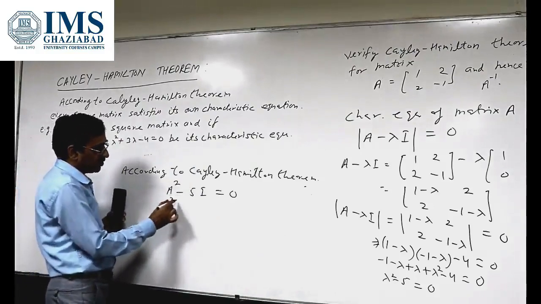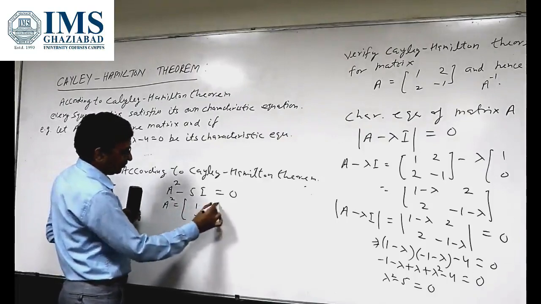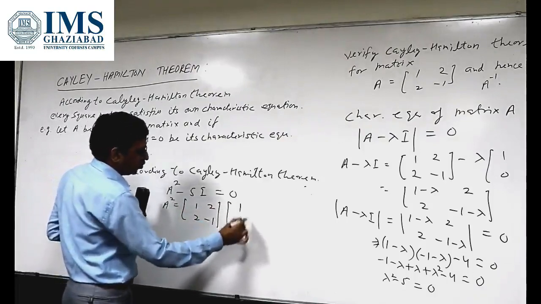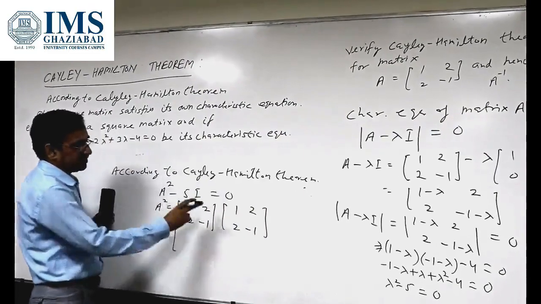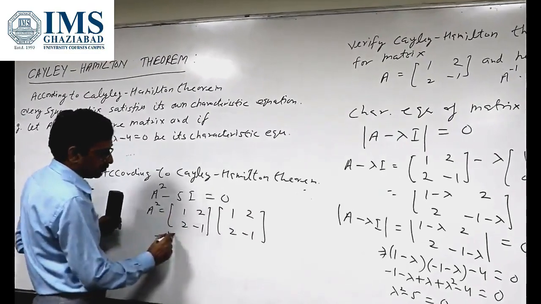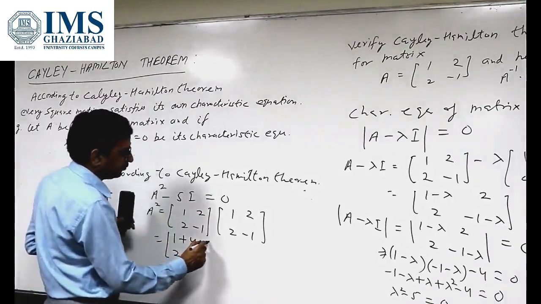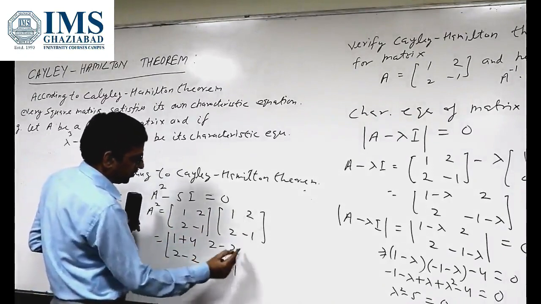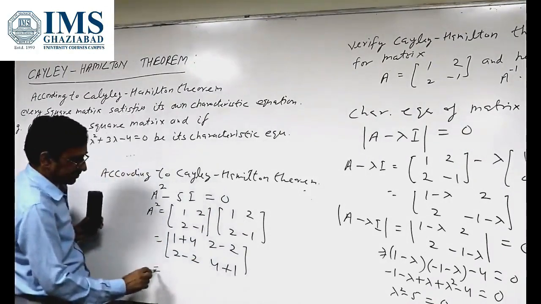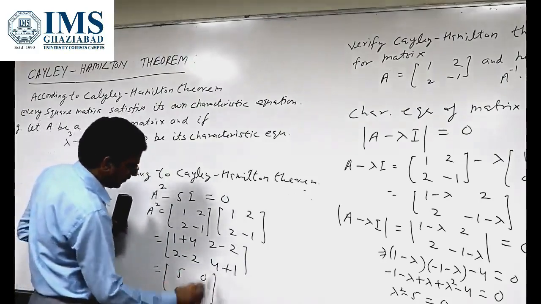So A square equals [1, 2; 2, minus 1] times [1, 2; 2, minus 1]. Multiply these matrices. This is [1 plus 4, 2 minus 2; 2 minus 2, 4 plus 1]. How much is it? This is [5, 0; 0, 5].